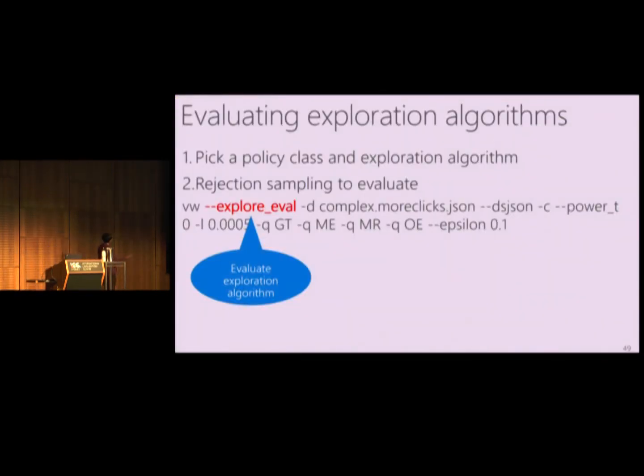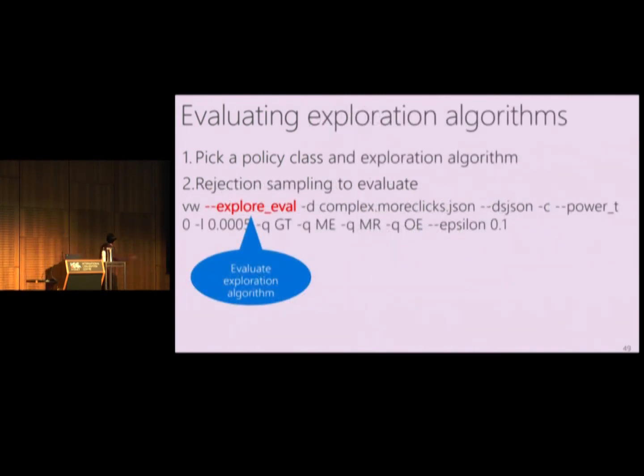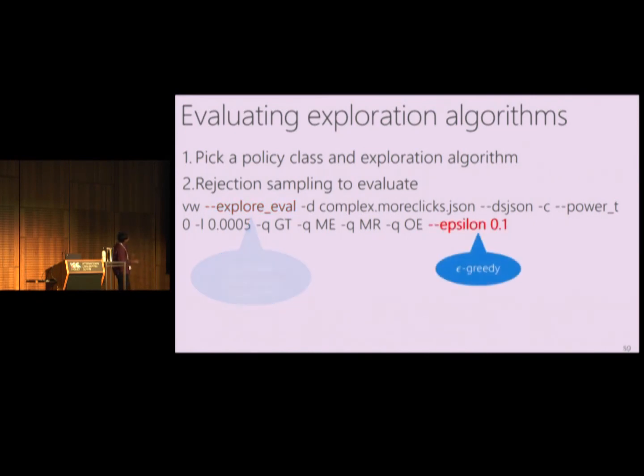The first flag here indicates that we want to evaluate an exploration algorithm and use this rejection sampling type technique, which is different from the CB flag we were using before, which was just doing policy optimization. The rest of these flags, everything about my policy class and my step sizes and so on, remains unchanged. The only other thing I indicate is the exploration algorithm I'm trying to evaluate, which in this case is epsilon greedy with uniform random 10% of the time.